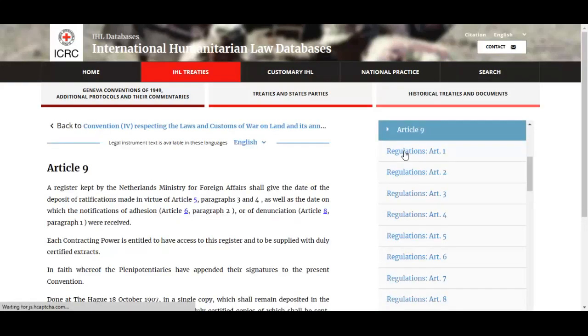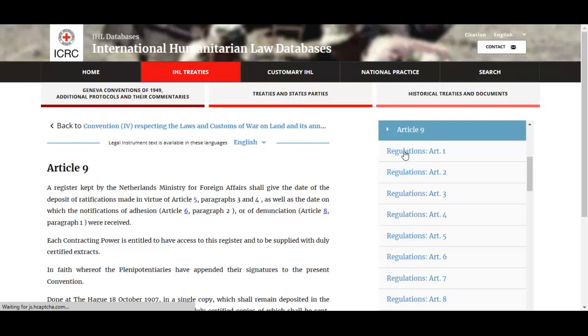Article 9. A register kept by the Netherlands Ministry for Foreign Affairs shall record the date of the deposit of ratifications, effected in virtue of Article 5, paragraphs 3 and 4, as well as the date on which the notifications of accession, Article 6, paragraph 2, or of denunciation, Article 8, paragraph 1, have been received.